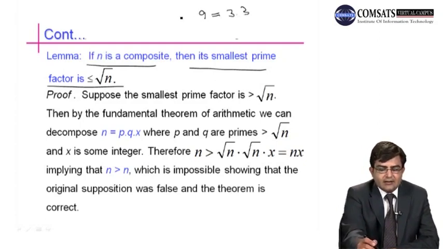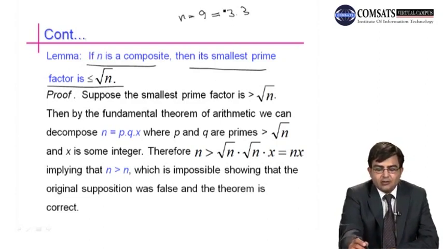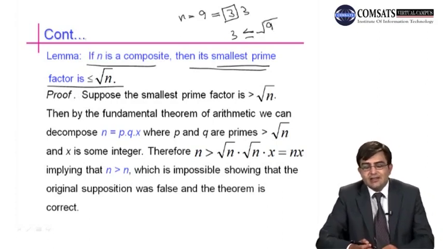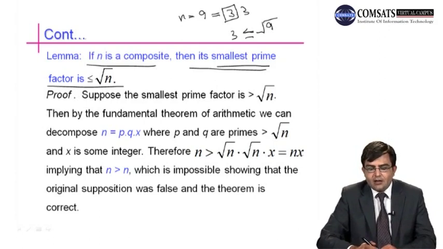So here n is 9 and we have expressed 9 as a product of prime numbers. Now you can see that the smallest prime factor here is 3, which is less than or equal to square root of 9. In fact, 3 is equal to square root of 9. So this is what we are saying in this result, that if n is any composite number, then its smallest prime factor must be less than or equal to its square root.